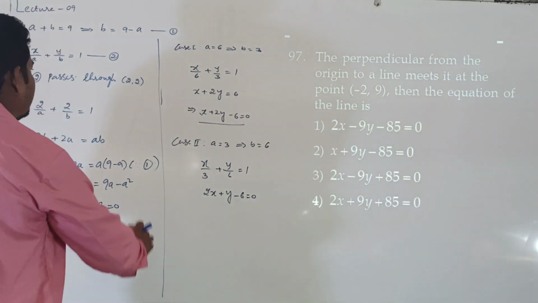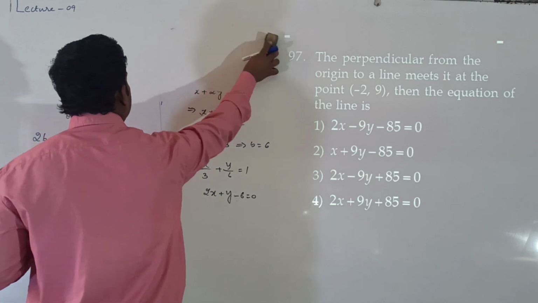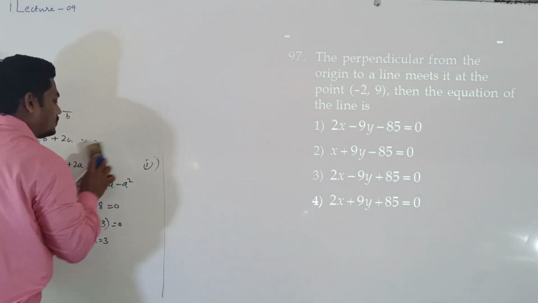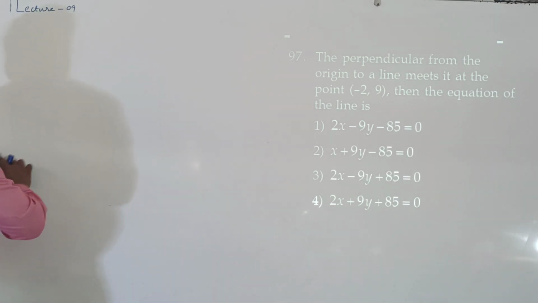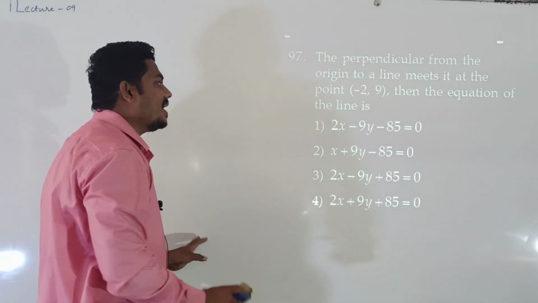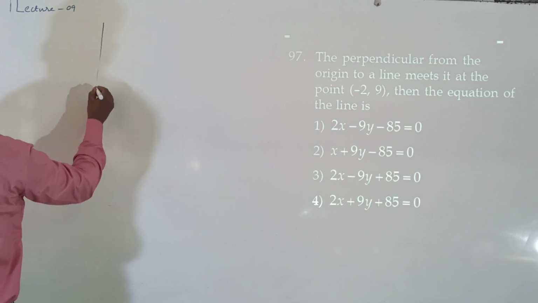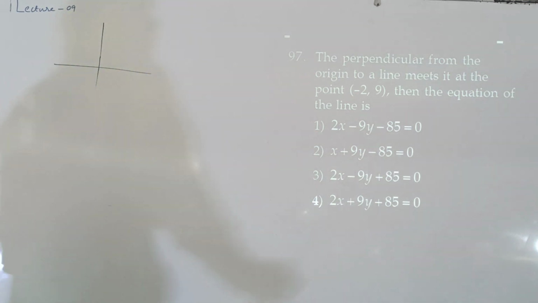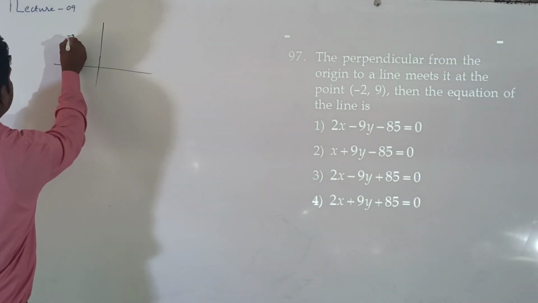In this case, what is the situation? First just figure it out. The perpendicular from origin to our required line meets it at the point minus 2 comma 9. Just consider a 2D plane, right? This is our 2D plane. Minus 2, 9 is our required point.